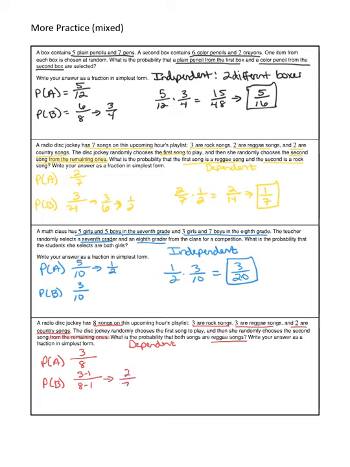You're left with 2 over 7. So probability A, a 3 out of 8 chance of choosing the first song to be reggae. Probability B, a 2 out of 7 chance. Put them together and you get 3 over 8 times 2 over 7 equals 6 over 56. Divide by 2 and you get 3 out of 28.